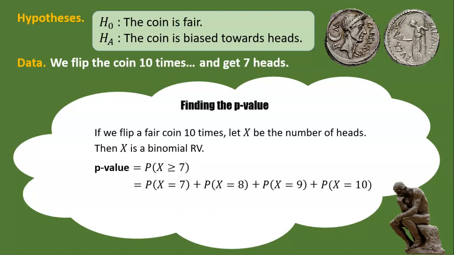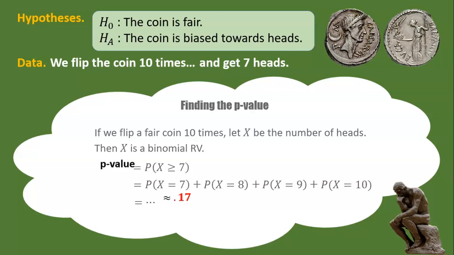Each individual probability is easy to find by going through the usual binomial song and dance. The details of those calculations are not what is important here, and in practice this calculation would be done by a computer anyway. Once we've done the calculations, or had a computer do them for us, we'll find that the p-value we seek is approximately 0.17. Good, we have our p-value.